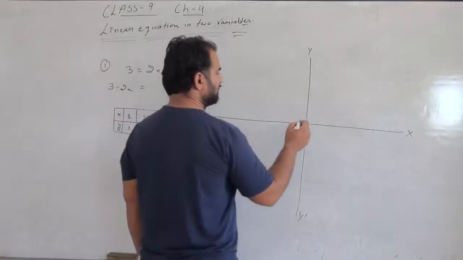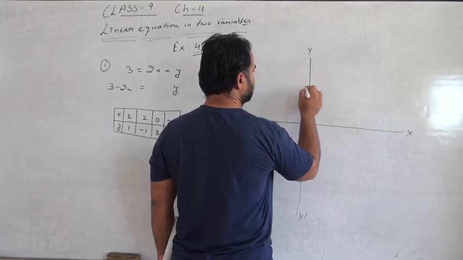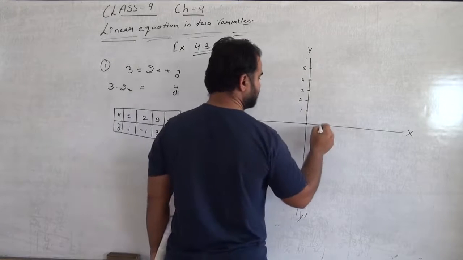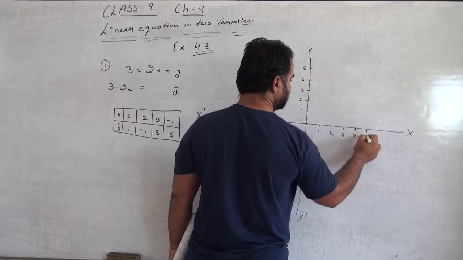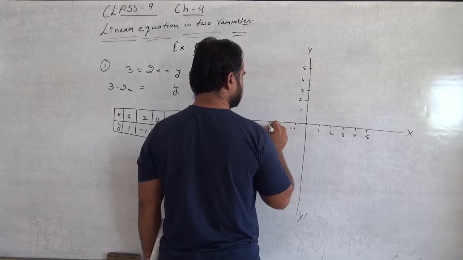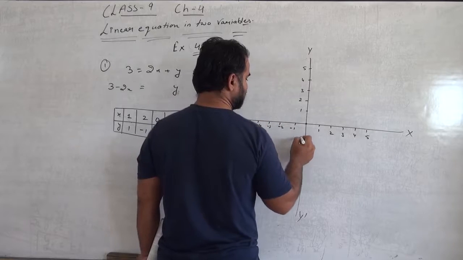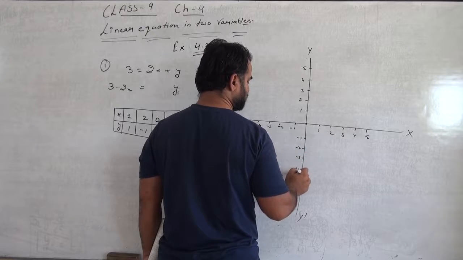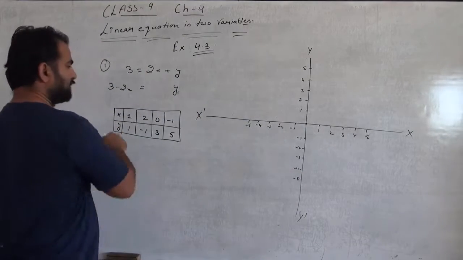So first 1, 2, 3, 4, 5, and this will be 1, 2, 3, 4, 5. It will be minus 1, minus 2, minus 3, minus 4, minus 5, minus 1, minus 2, minus 3, minus 4, minus 5. First of all, the point is 1 comma 1.